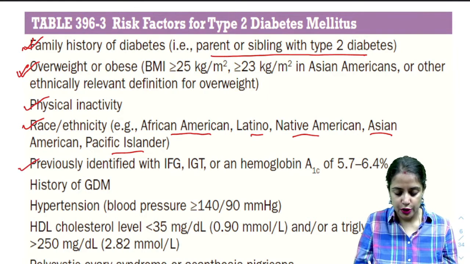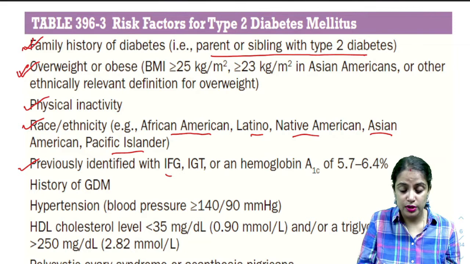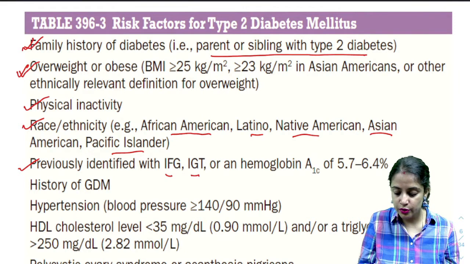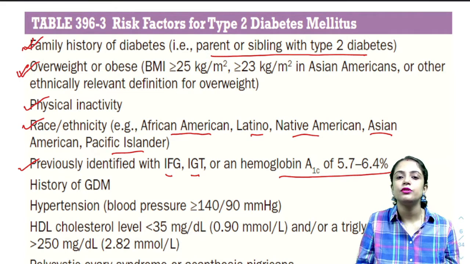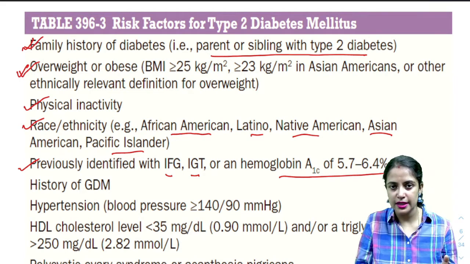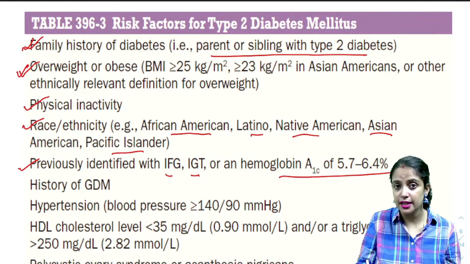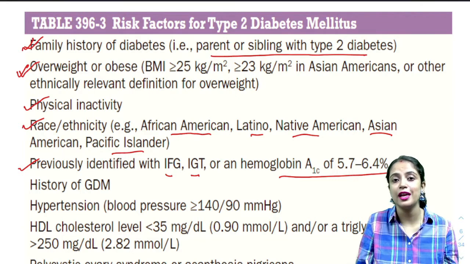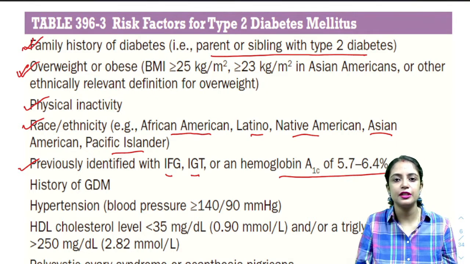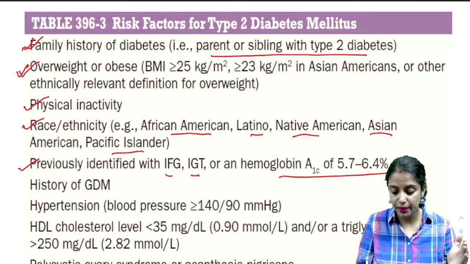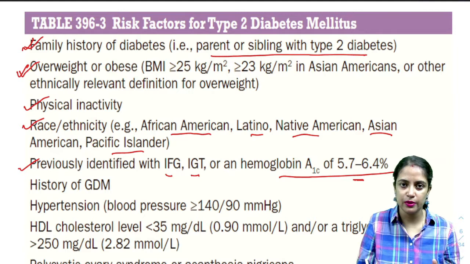Previously identified impaired fasting glucose, impaired glucose tolerance, or an HbA1c of 5.7 to 6.4. While I was discussing the diagnostic criteria, I said if HbA1c is 6.5 or more, it is considered diabetes mellitus. But if it is below 6.5 but above 5.7, then it is called impaired HbA1c.